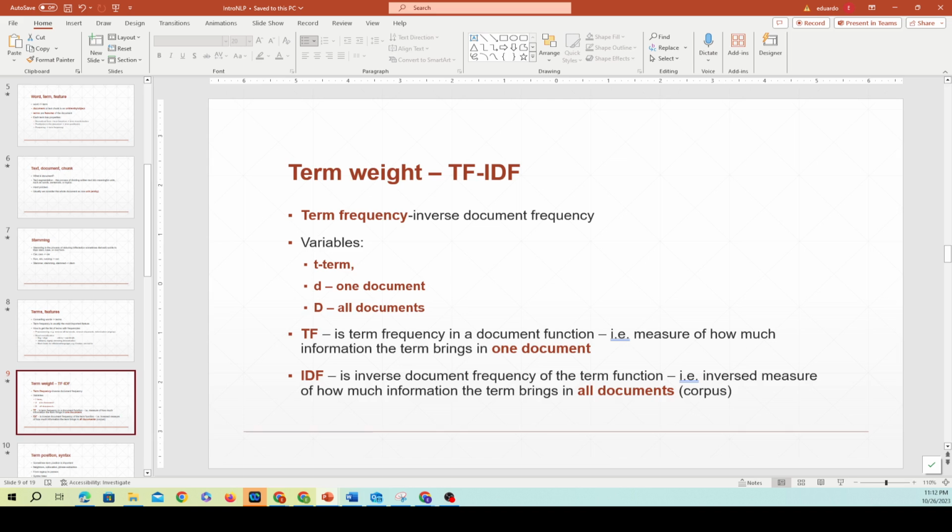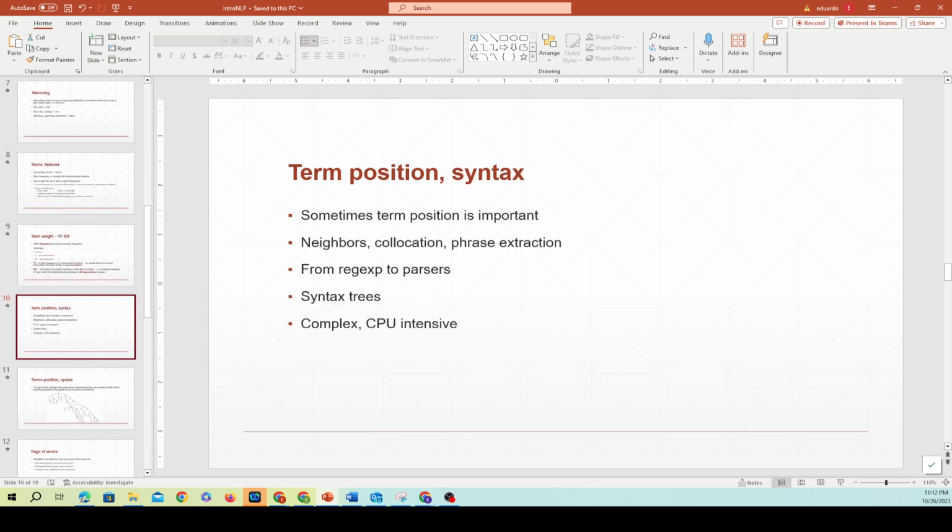It measures how much information the term brings in one document. The inverse document frequency of the term is the inverse measure of how much information the term brings in all documents. So the term weight refers to the term frequency and the inverse document frequency. It's how much information the term actually brings in the document.